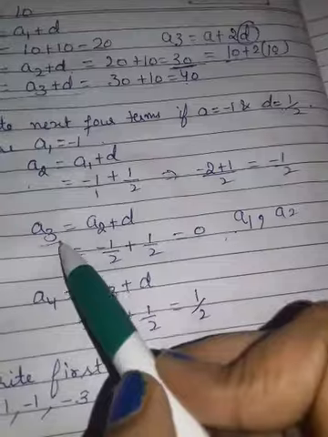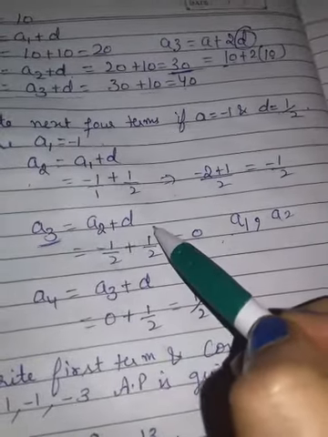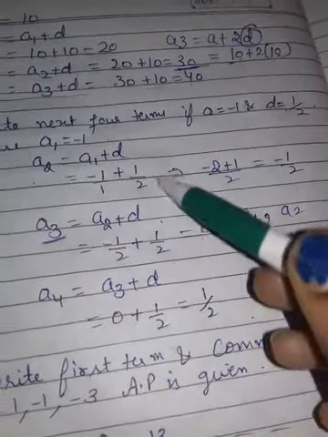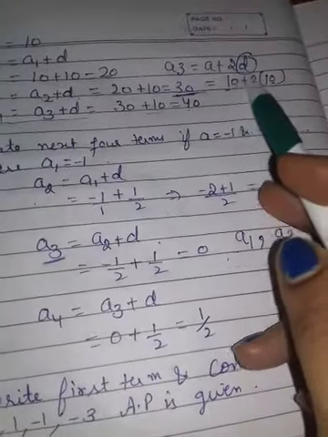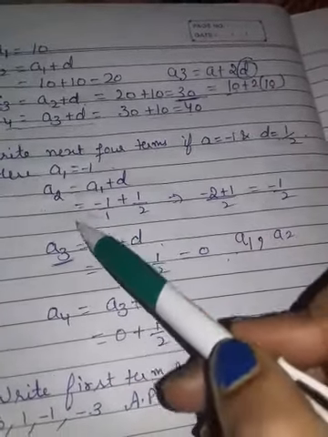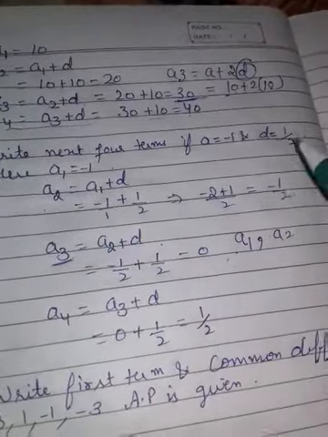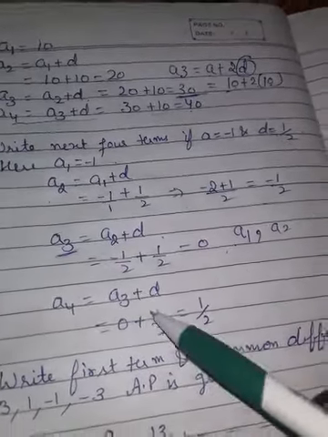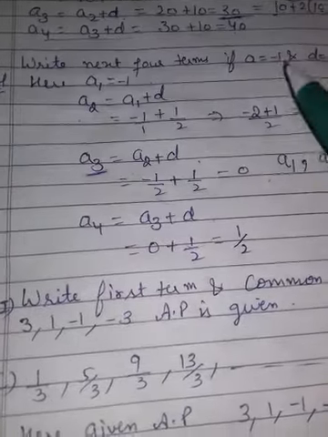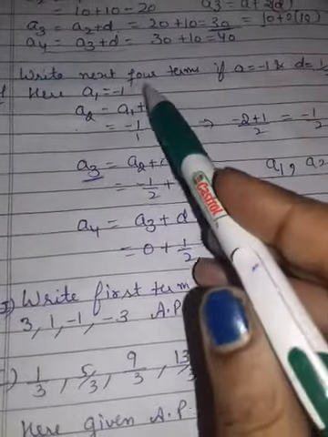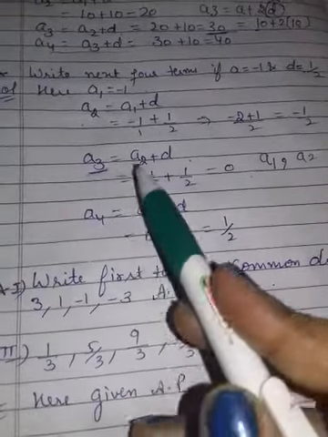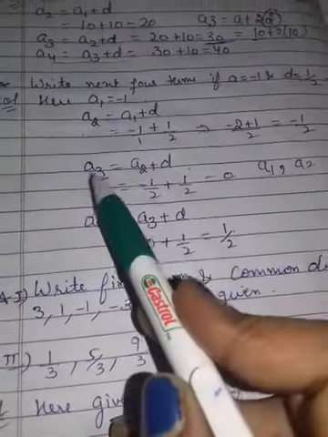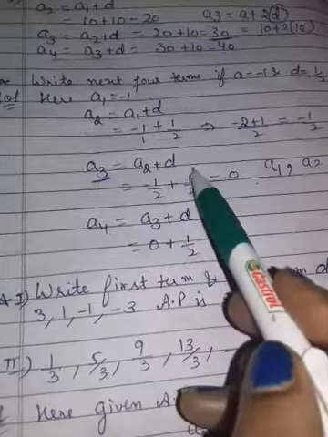Then A3 you find by adding D to A2. This is one way, and you can use the other one also. If we add the common difference to the previous term, we get the next term. So you can proceed, and calculate as many terms as you want. A4 is A3 plus D, and A3 is A2 plus D.